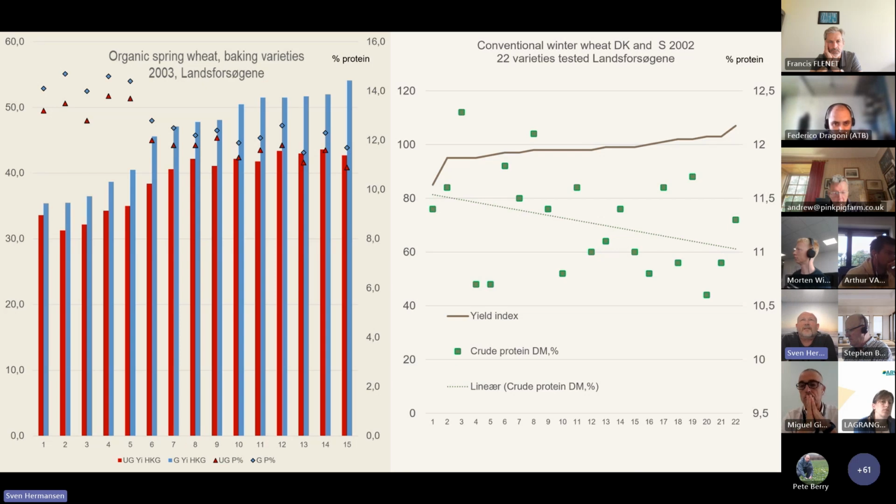And then it's a discussion: do you want to produce feed for pigs or food for people? Depending on what you choose, you can feed a lot of people by choosing the variety that makes the best quality, even when nitrogen application is one of the major limiting factors, as it is in organic farming.